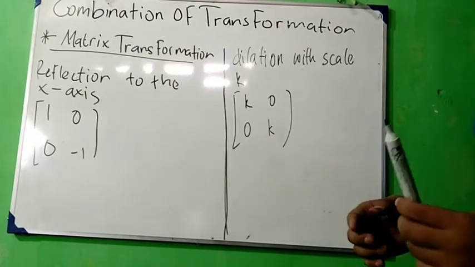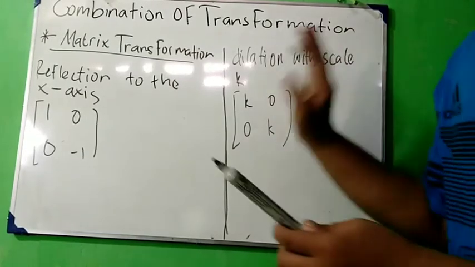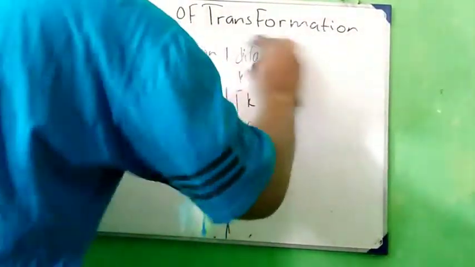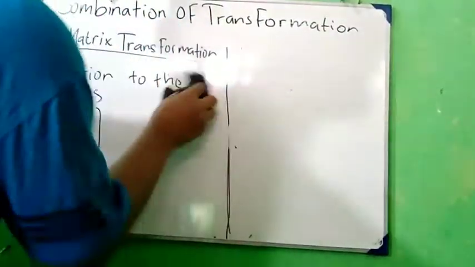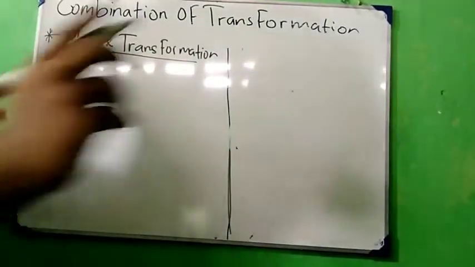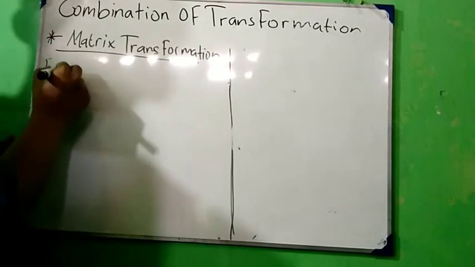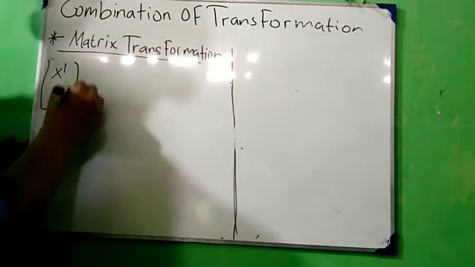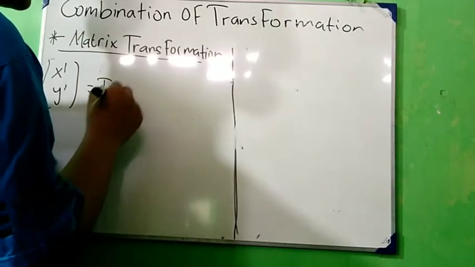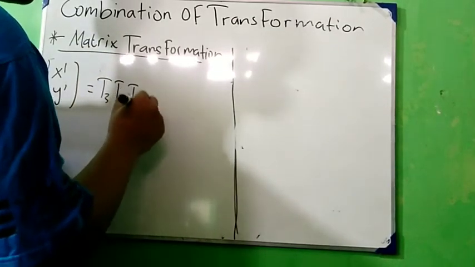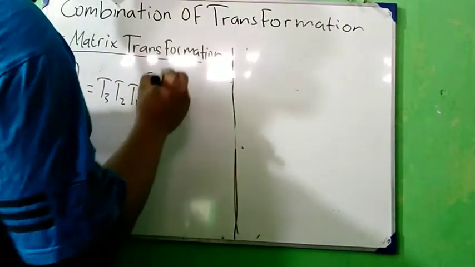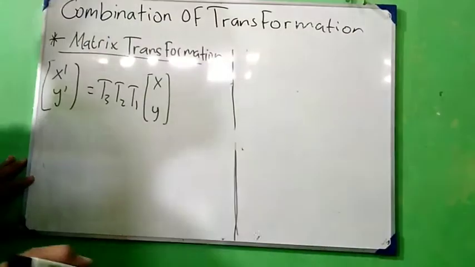So we're gonna use this kind of matrix to solve the problem using a formula. So the formula is x', y' equals T3, T2, and T1, and then x, y. What does it mean?